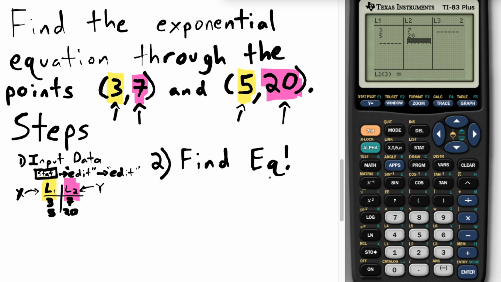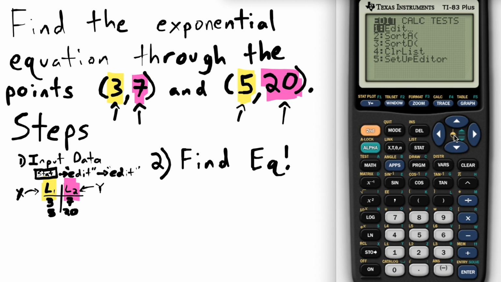Then we can go right to step 2, which is finding the equation. We hit STAT again, and instead of using the EDIT column, I use my right arrow to go over to CALC, and then use the down arrow until I get to the function called ExpReg.